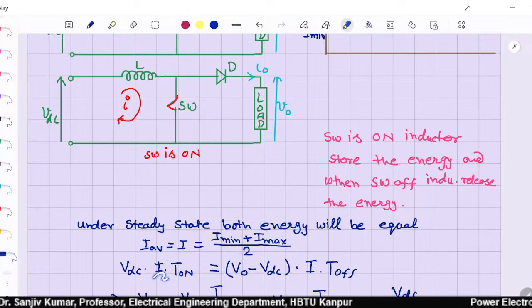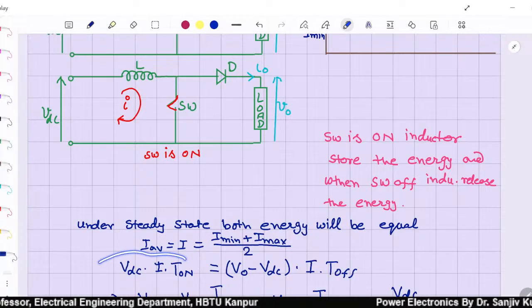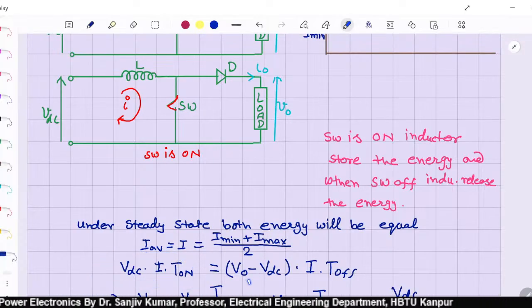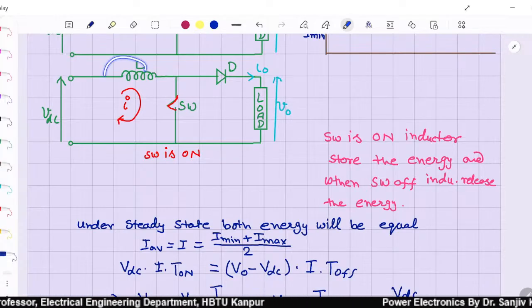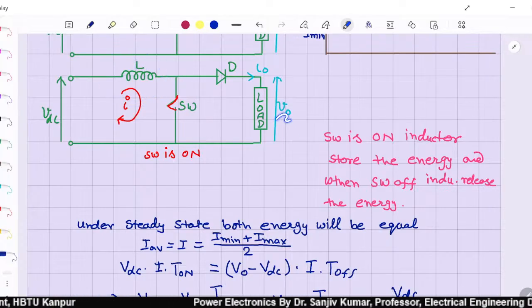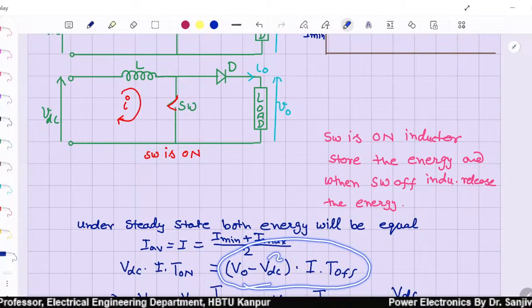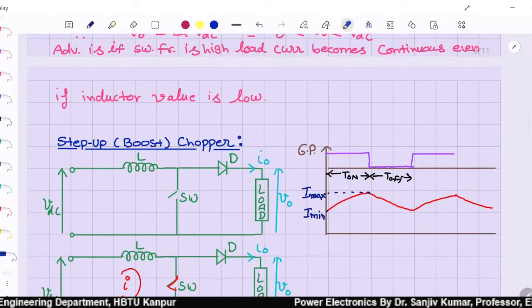Under steady state, energy stored by the inductor is VDC times I times T on, right? And when it is off, voltage across the inductor is V output minus VDC, times I times T off. This is the off period.